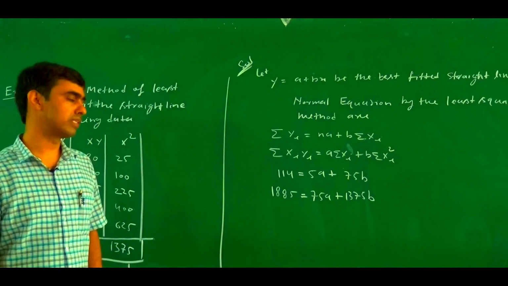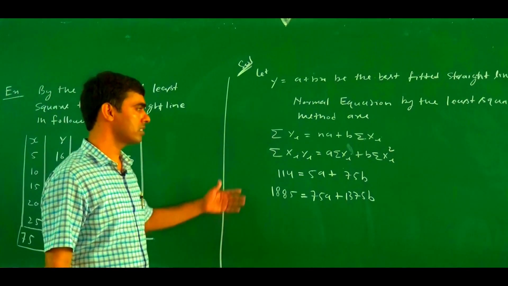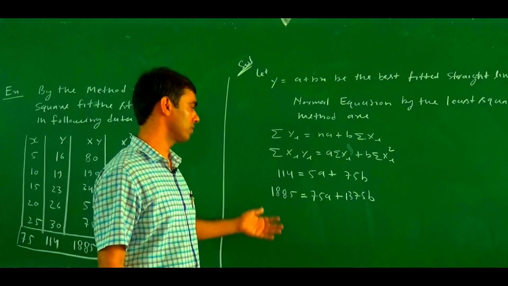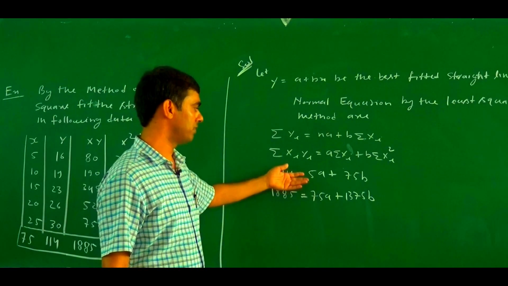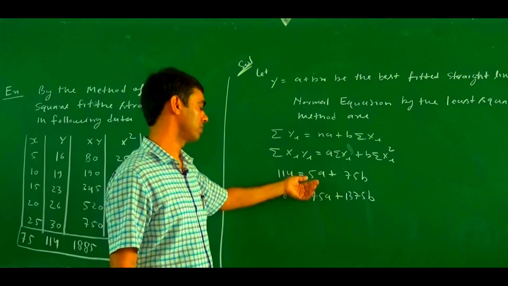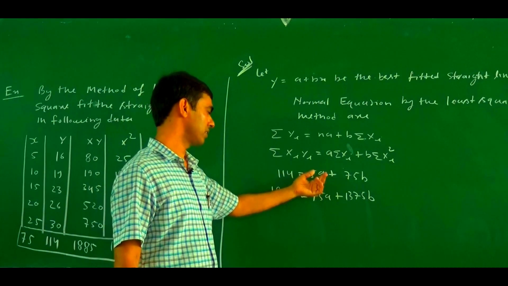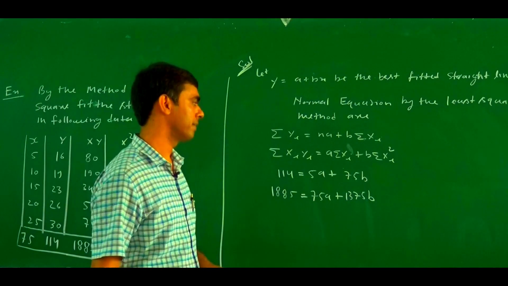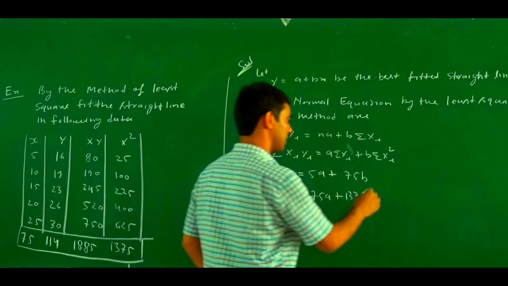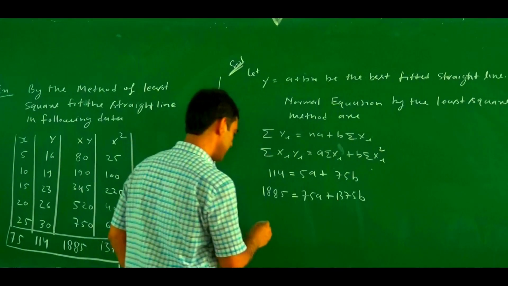So this one is a simultaneous equation. How do we solve it? Multiply by 15 here, then this becomes 75, then we equate the coefficient of a and find the value of b. So after solving this system of linear equations, what are the values of a and b?